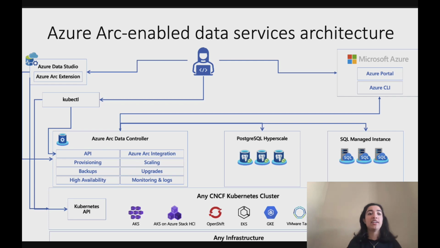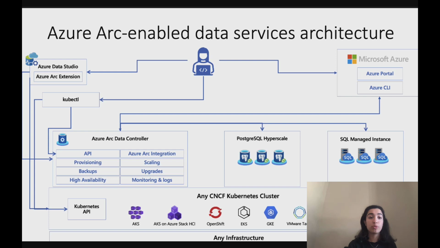So again, these are very familiar tools that you've probably already used, so nothing new in terms of being able to have that deployment. We have AZ CLI, which you can use if you want to scale up very quickly and automate the process. We also have the GUI tools available, which are the Azure portal and Azure Data Studio. And that's the entire deployment process at a high level.